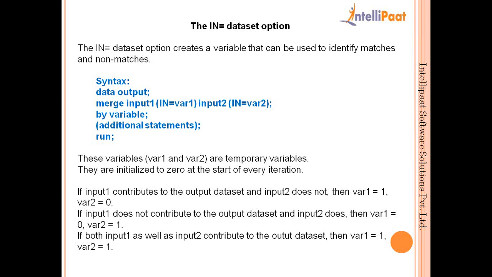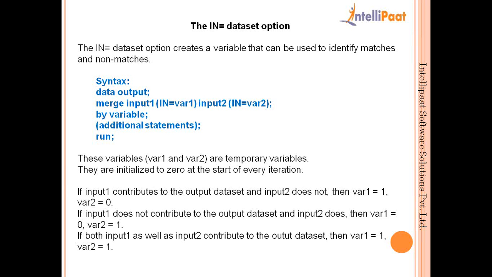Like you use inner join and outer join in SQL Server. If you want everything from data set 1, then you will be writing var1 is equal to 1, and if you want everything from data set 2, then you would mention var1 is equal to 0 but var2 is equal to 1.